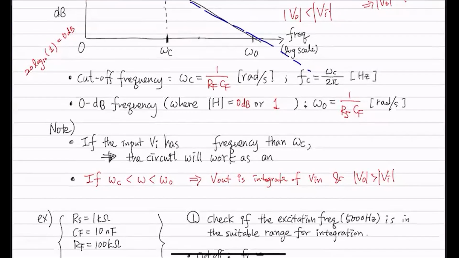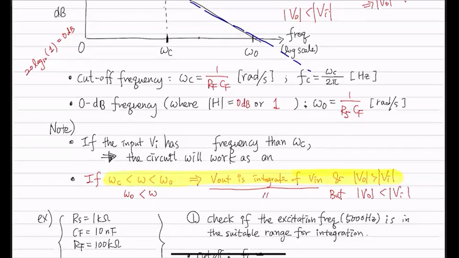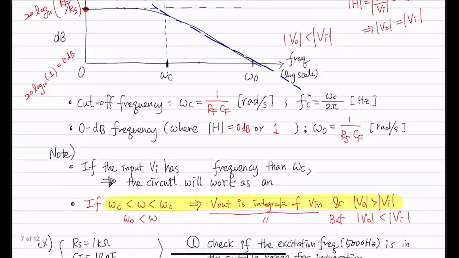Here V out is the integrator of V in, that's the same, but V out is smaller than V in. So we want to use this frequency range because we are getting the output integrated and the amplitude is greater than your input. So the frequency range you may want to use is here.